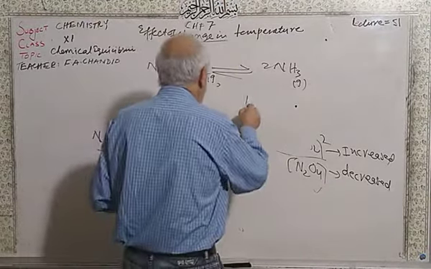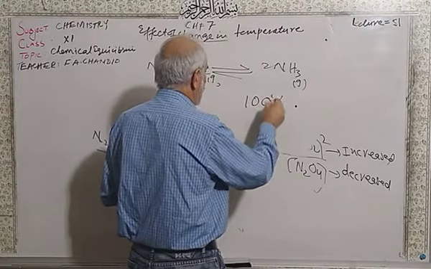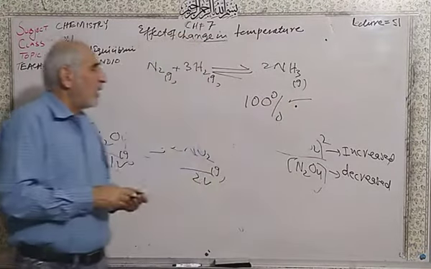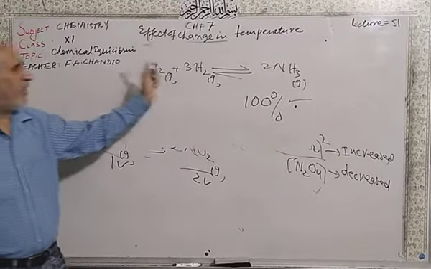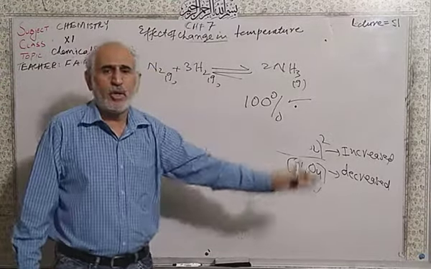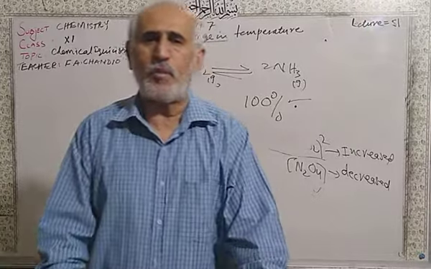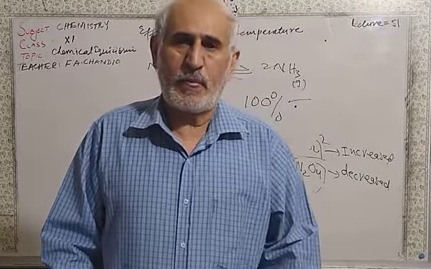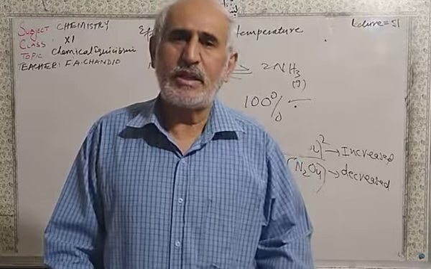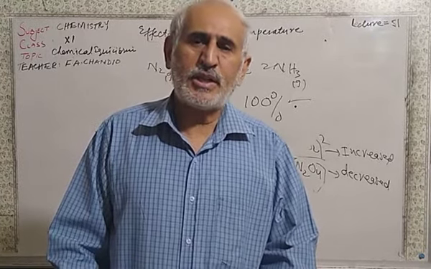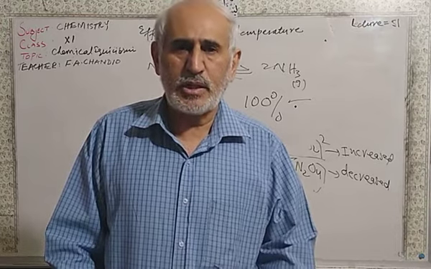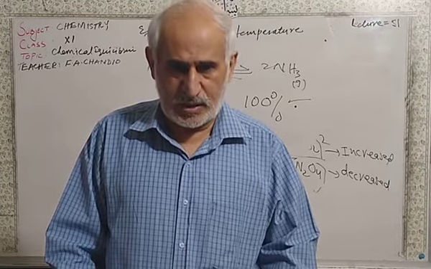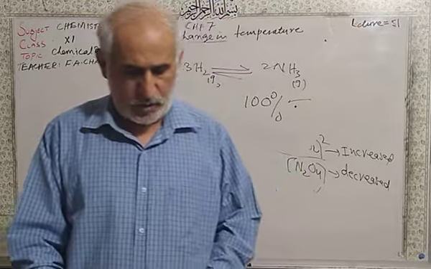Then the maximum recovery of ammonia takes place, meaning nitrogen and hydrogen convert into ammonia and you get more and more production of ammonia in the industry, if you use these conditions according to Le Chatelier's principle. Haber applied all these conditions to prepare ammonia gas in industry, and he got the Nobel Prize for this.